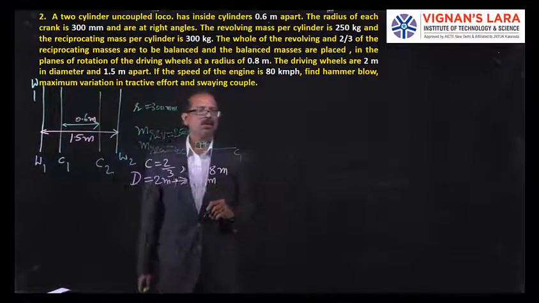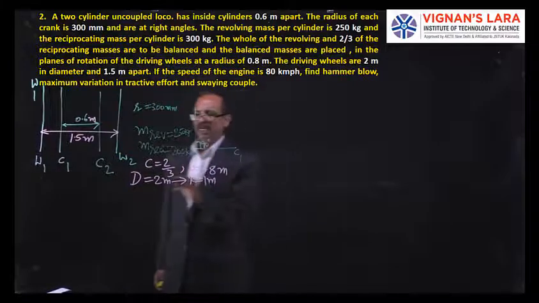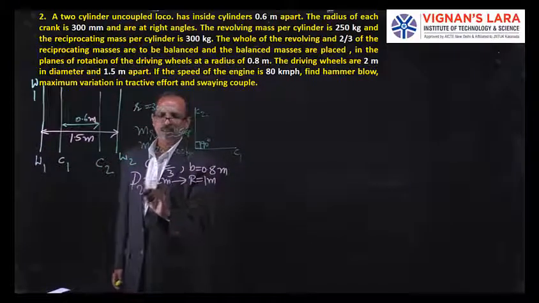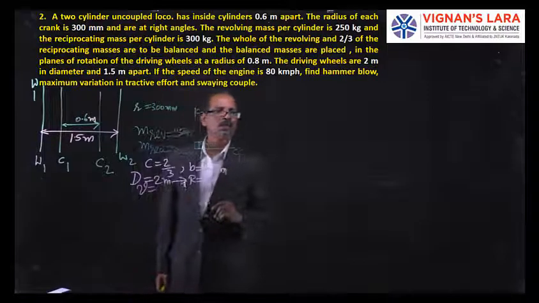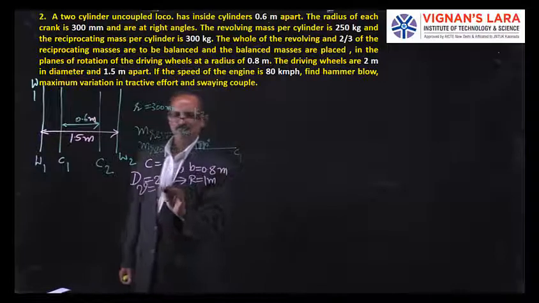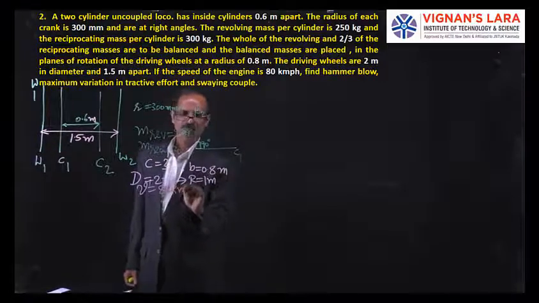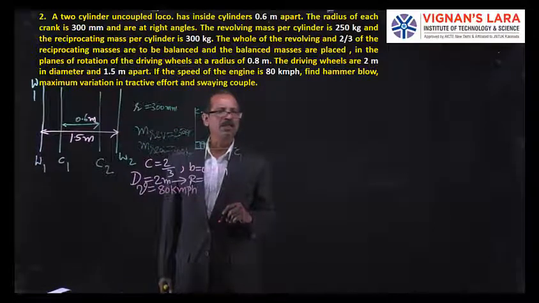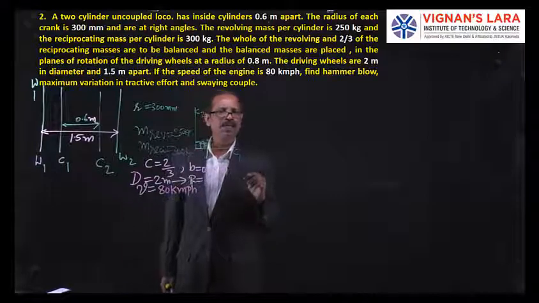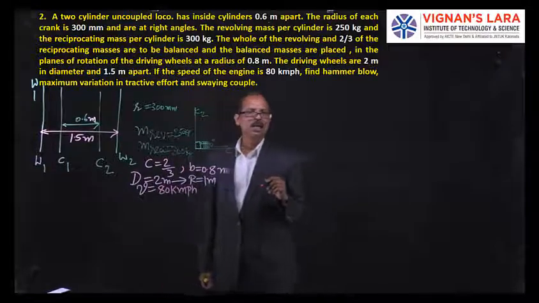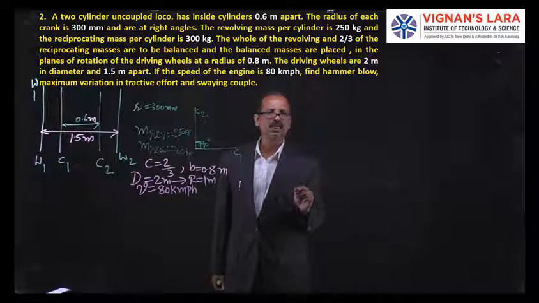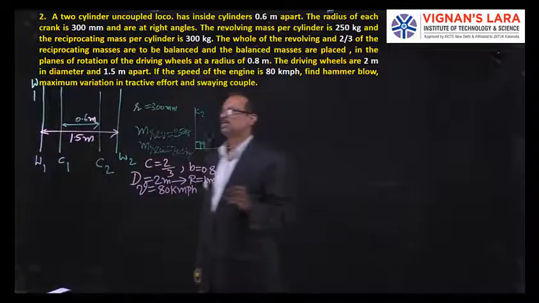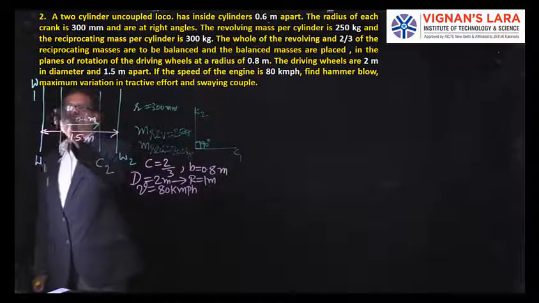And the speed is 80 kilometers per hour. So you are supposed to find out the hammer blow, variation of tractive force as well as swaying couple. These are the three things you are asked. You can see there are 4 planes.